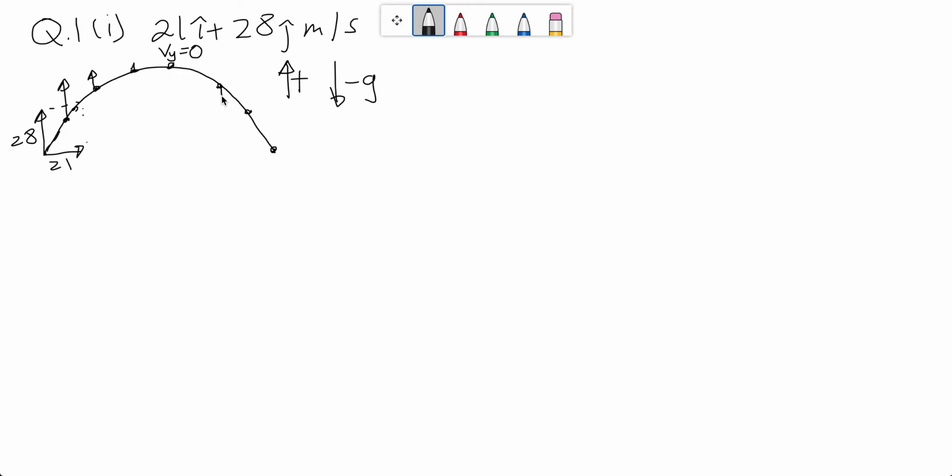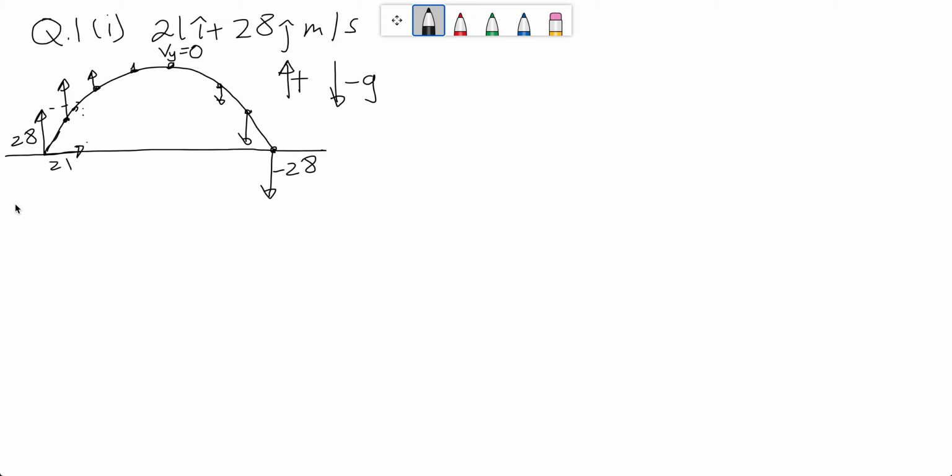And when it gets to here, then it will start to come back down again at every point. I'm just drawing in a few of those points. And this one here actually will be minus 28, because the other one's 28. So when it lands again on the ground at the same height, presuming that is the same height, just there.